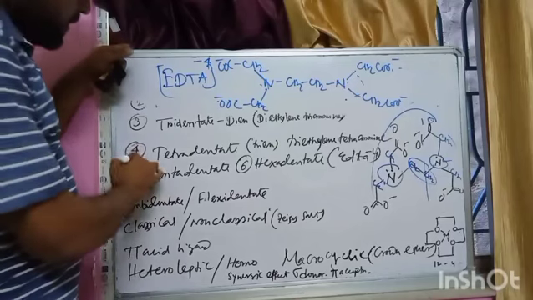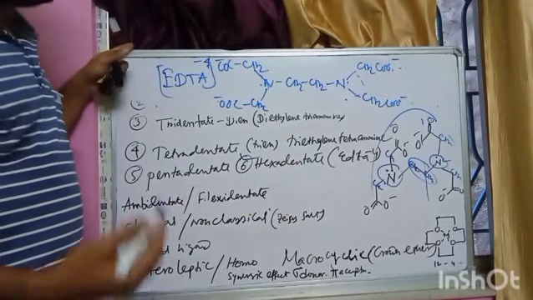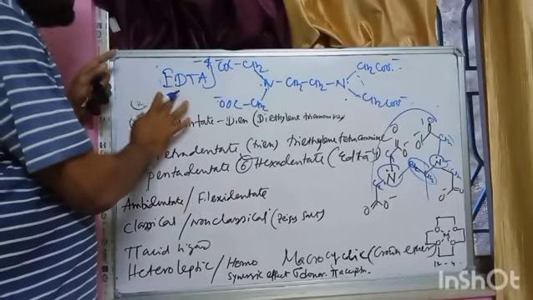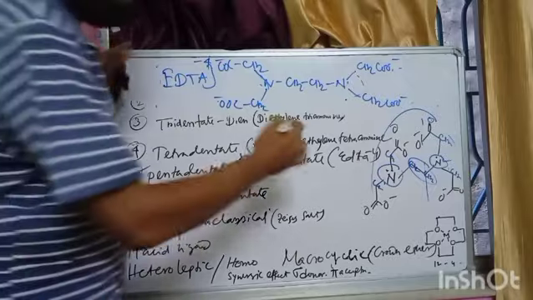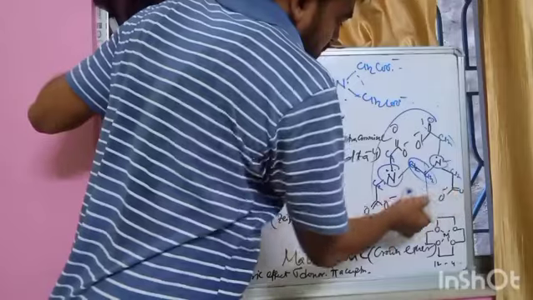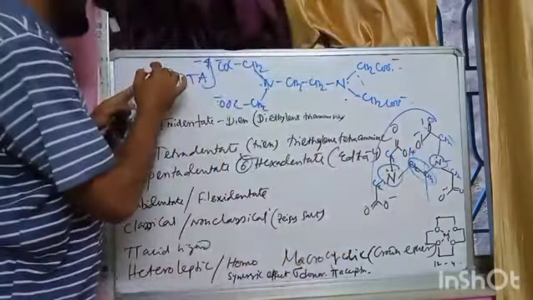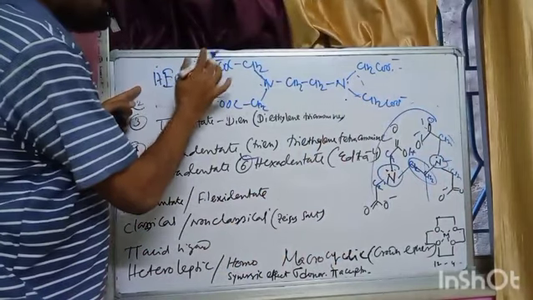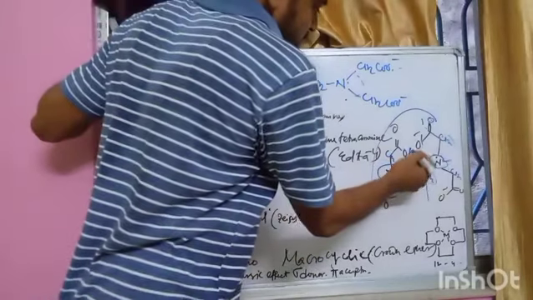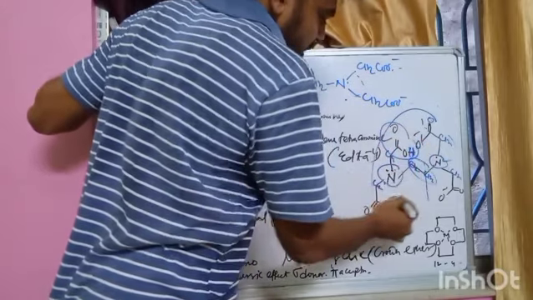EDTA acts as a hexadentate ligand, but sometimes it acts as a pentadentate ligand. When EDTA acts as a pentadentate ligand, counting 1, 2, 3, 4, 5, it is HEDTA minus 3. When one H plus is not removed, the CH2COOH part is present, and the other 3 carry a minus charge.